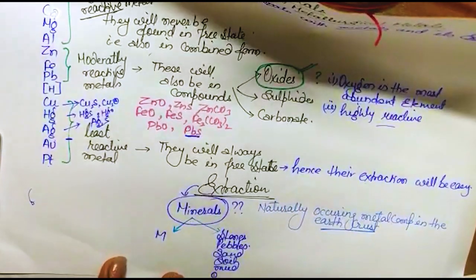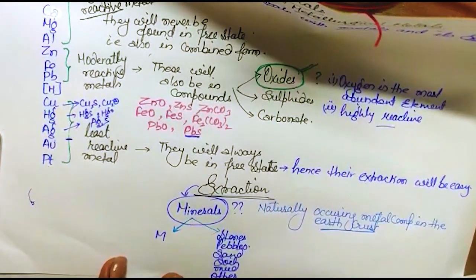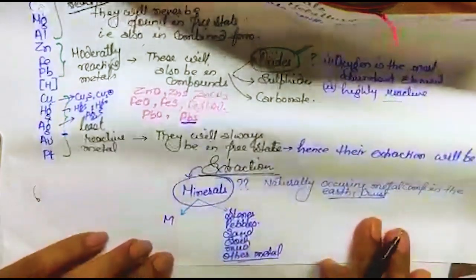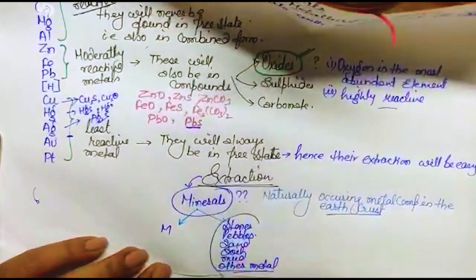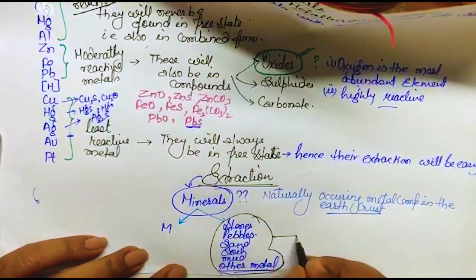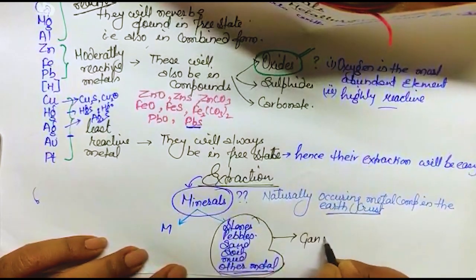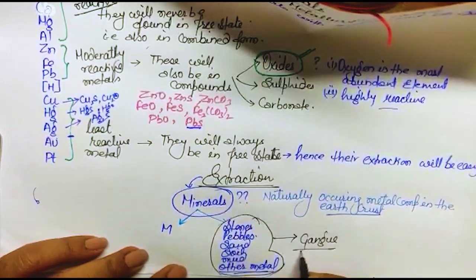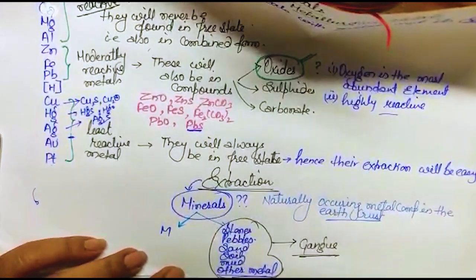It can be other metal also. Any doubt? So all together, these are known as gangue.